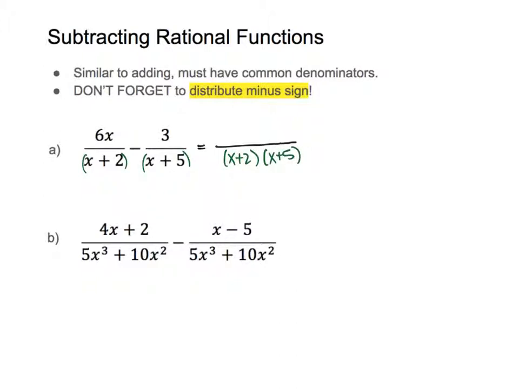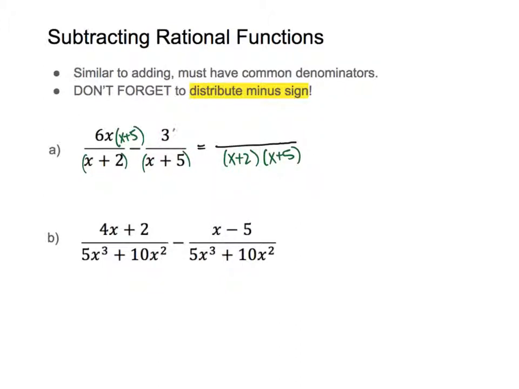Now I'm going to look back and see which one this fraction is missing. This fraction is missing the x plus 5. It already has the x plus 2 and needs the x plus 5. So I need to multiply the top by x plus 5. And then for this one here, this bottom already has an x plus 5, so it's missing the x plus 2.